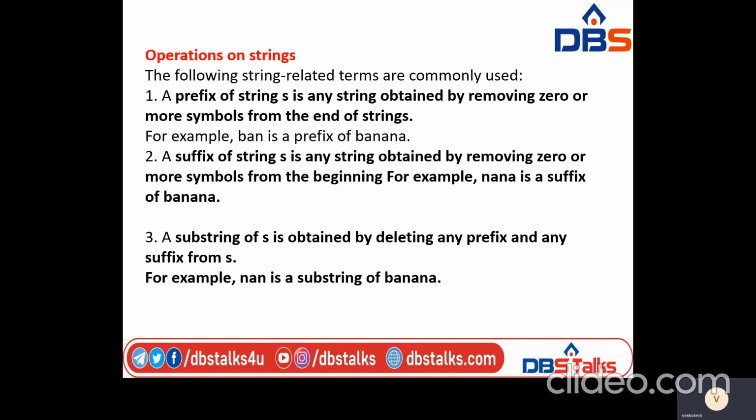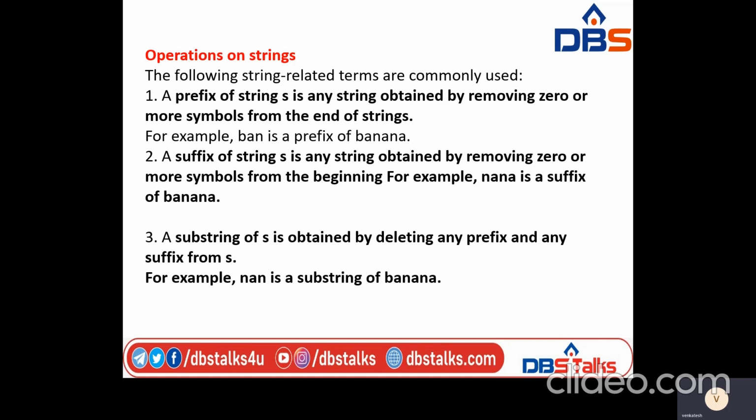The next operation is substring. A substring of string S is obtained by deleting any prefix and any suffix from S. For example, NAN is a substring of banana.